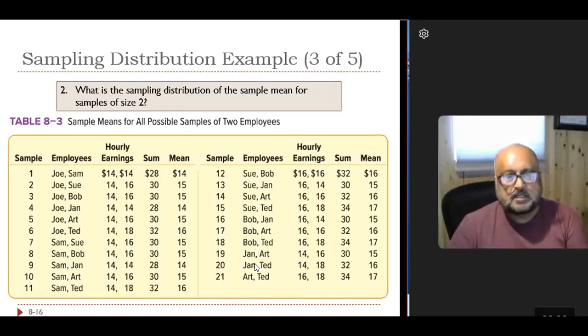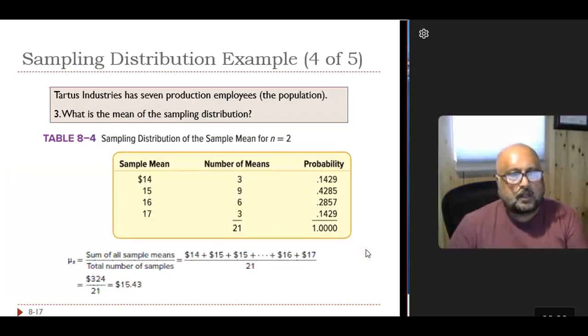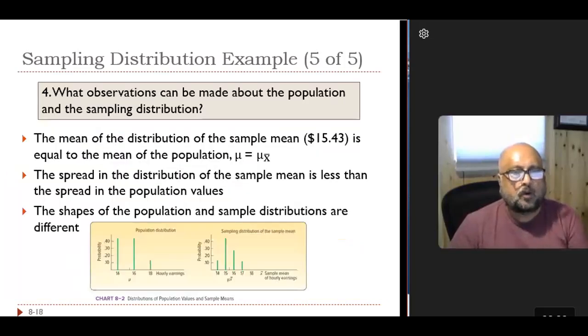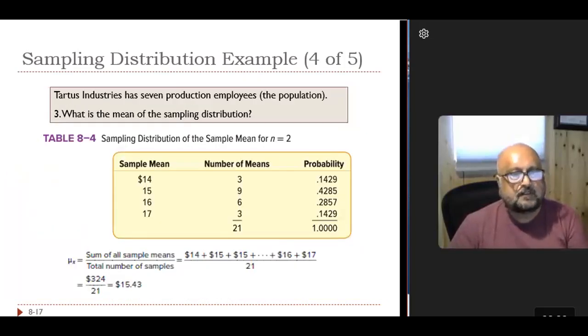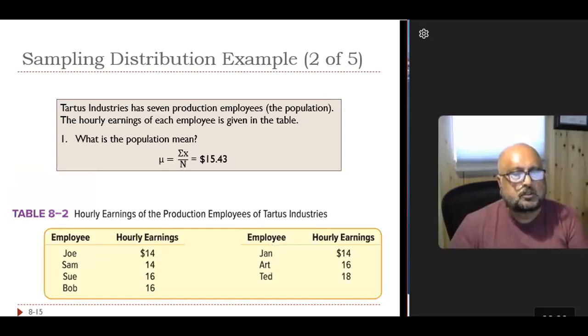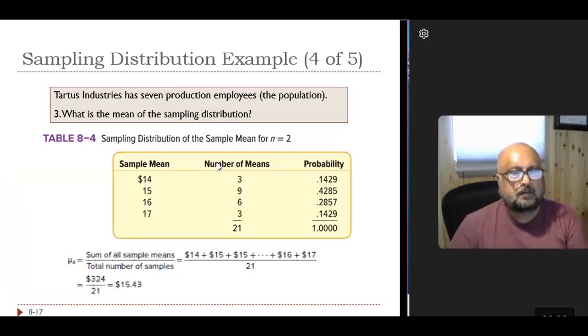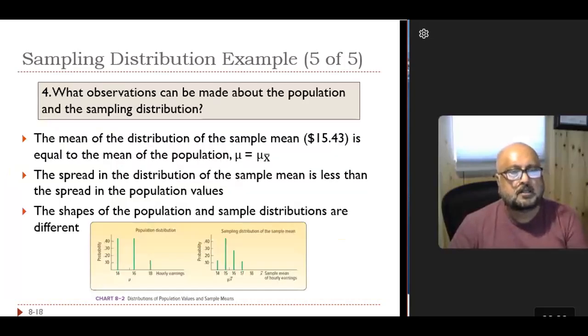We add all these sample means, 21 of them, and then we divide by 21 to get the mean of the sample means, 15.43. So what did we find here? 15.43, which is equal to the population mean. So that's what we are looking for. That means the sample is a perfect representative of the population.